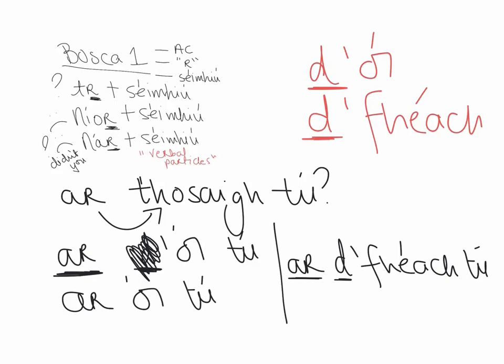I didn't have this problem when I did thosaigh because there was no verbal particle to be seen there. It was just thosaigh tú and then an thosaigh. Here I did have that problem because it would be dul tú, so I can't have dul. I can't have two verbal particles, so I get rid of the D, so then I end up with ol tú. So the same here, I cannot have this and deach. I cannot have that D there. So what I'm going to end up with is an deach tú.